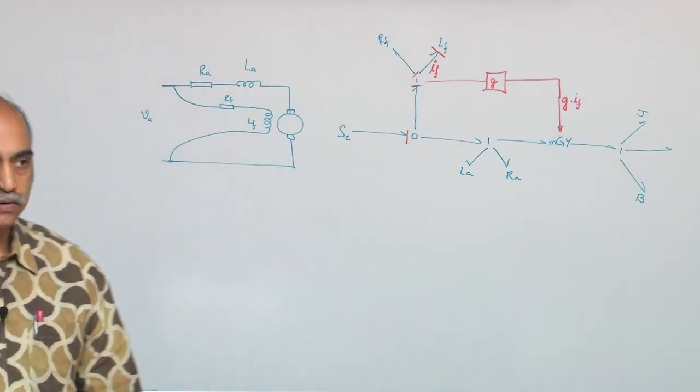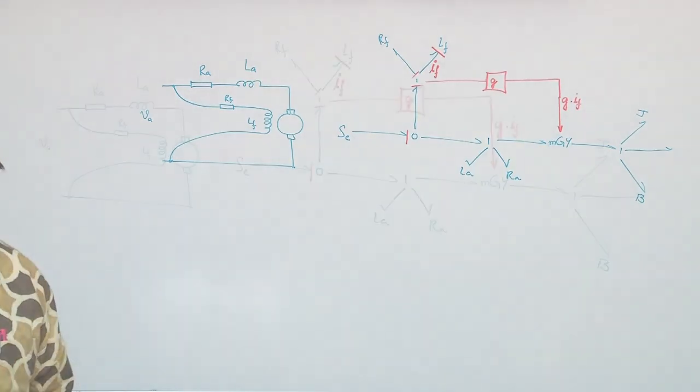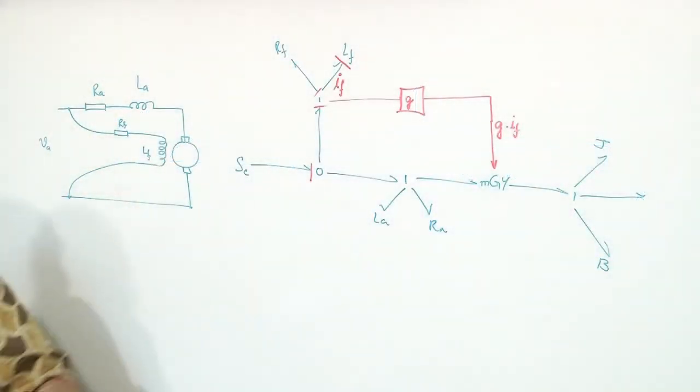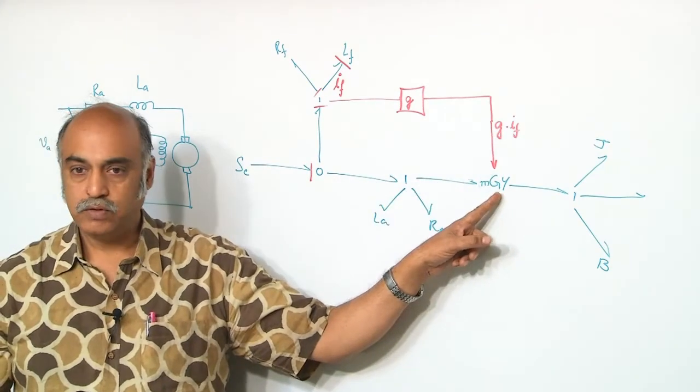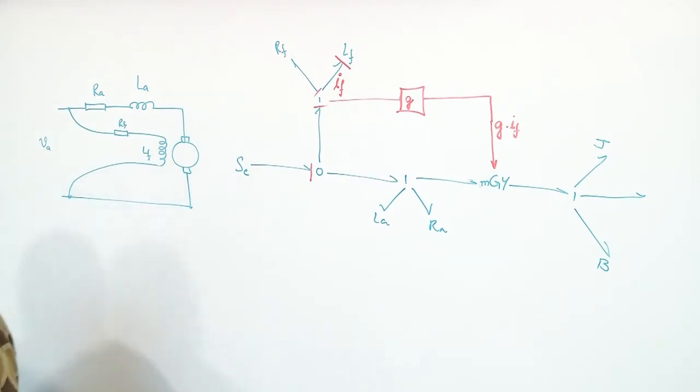G into IF. So, GIF is a varying quantity, which will be the modulating factor. Is that clear? So, this is what we will be applying.